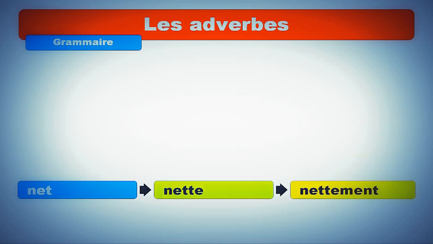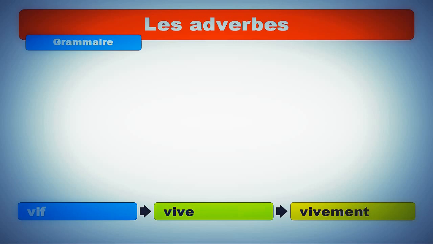Net, repeat. Net. It's quite interesting because the feminine form is written in a different way, but it's pronounced the same way, so it's net. Repeat. Net. And then the adverb gives you the pronunciation nettement. Repeat. Nettement. And then we've got vif.